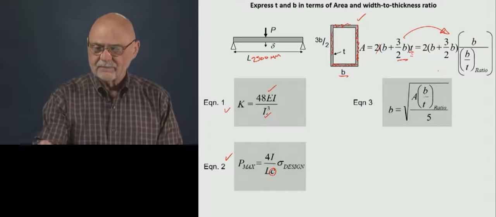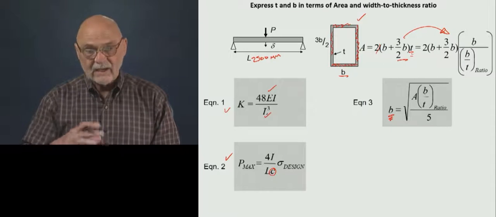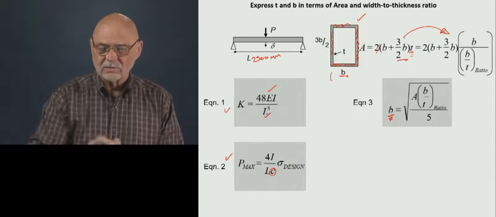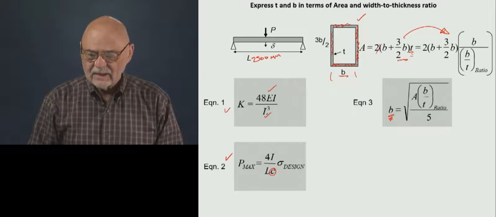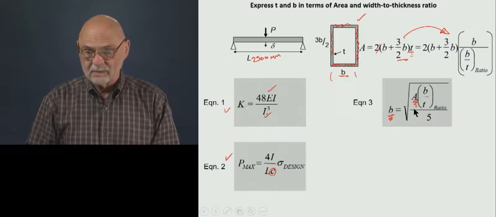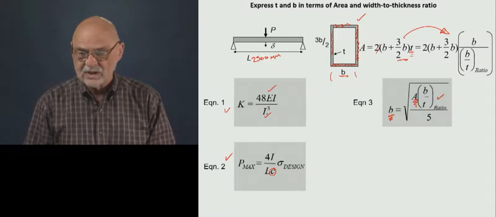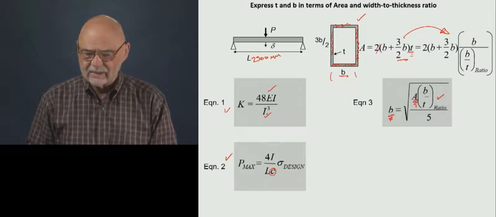So we can solve this for B. We can pick a B, the height or width of this little beam, and from that we can relate it to the cross-sectional area of the beam and the B over T ratio. It's a peculiar formulation, but this is going to help us solve things.